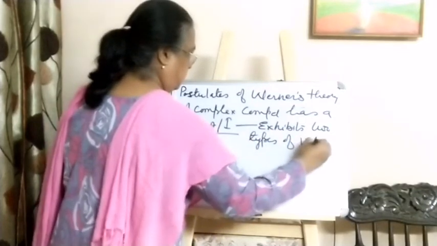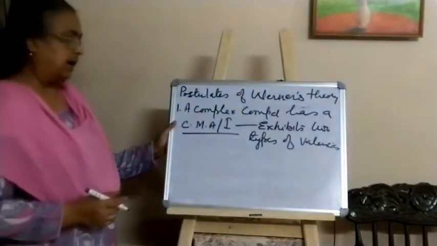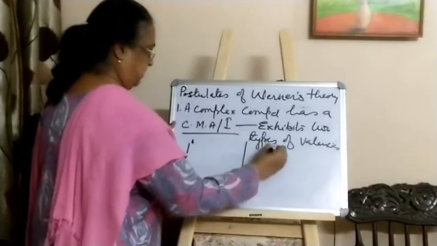What are these two types of valency? That is primary valency and the secondary valency.